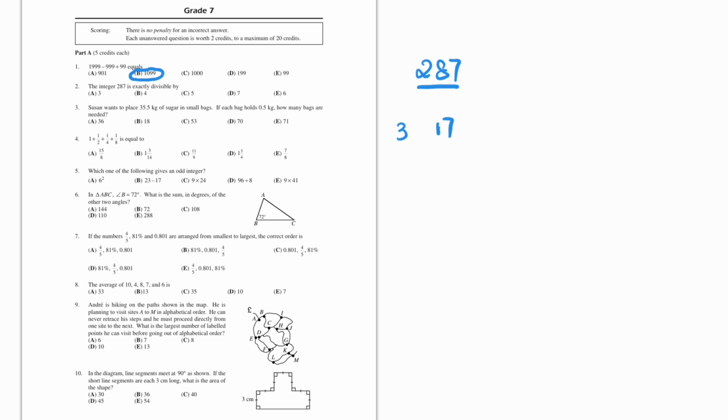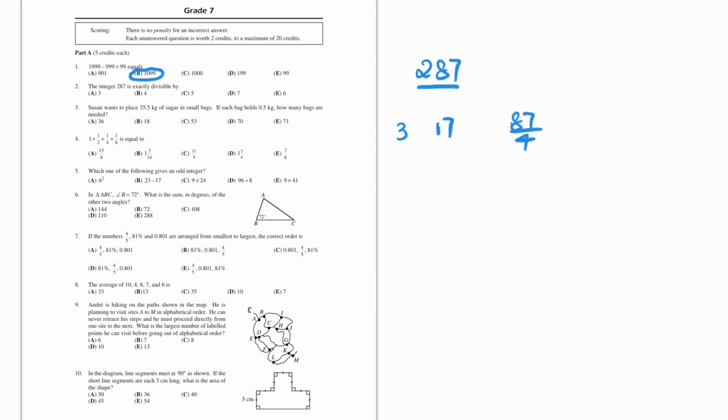B is 4. The divisibility rule for 4 is that the last 2 digits are divisible by 4. 87 is not divisible by 4, so B is not divisible by 4.